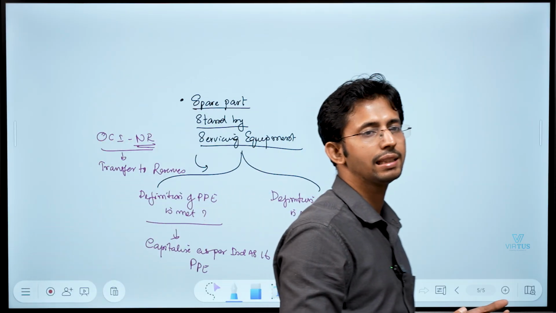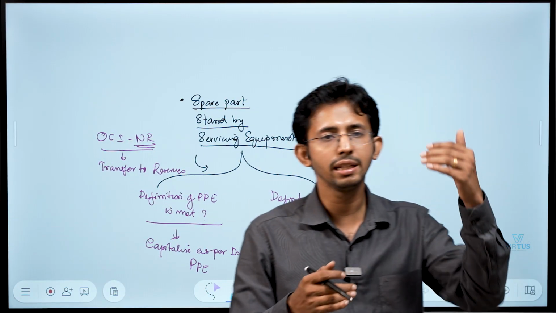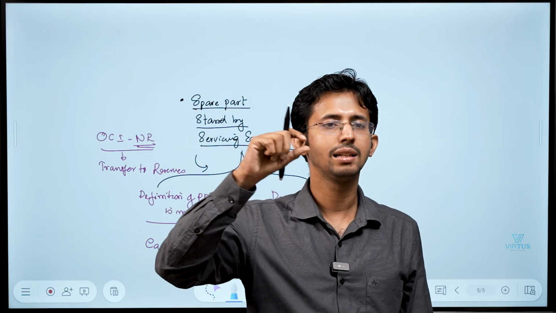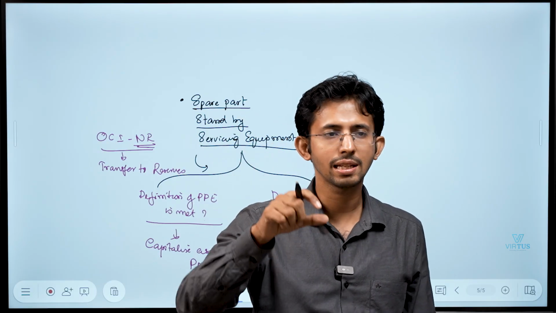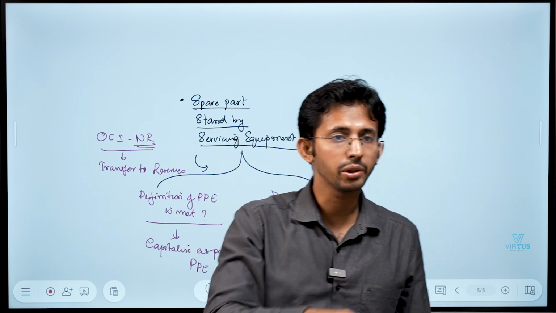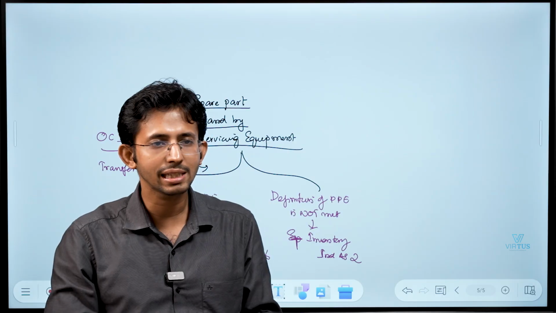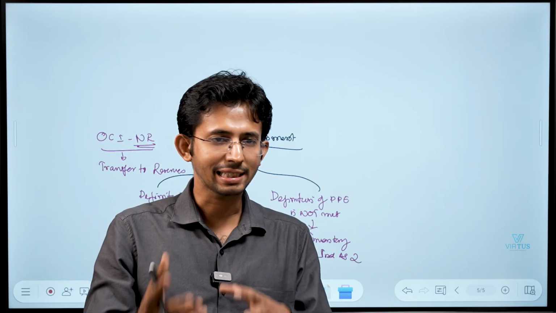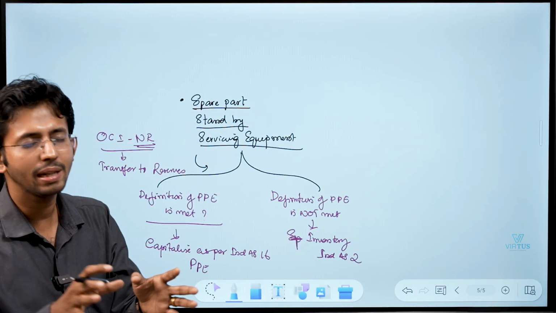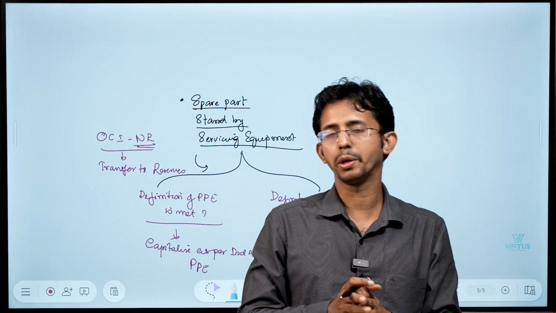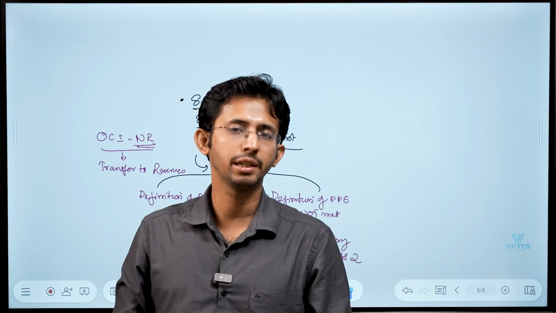Then again, a reconciliation of the carrying amount at the beginning and the end of the period, showing all the additions, then disposals, then assets acquired through acquisitions and business combinations, then changes resulting from revaluation, then impairment loss, then exchange rate differences. All these things have to be shown separately and specifically in the PPE schedule, the property, plant and equipment schedule.